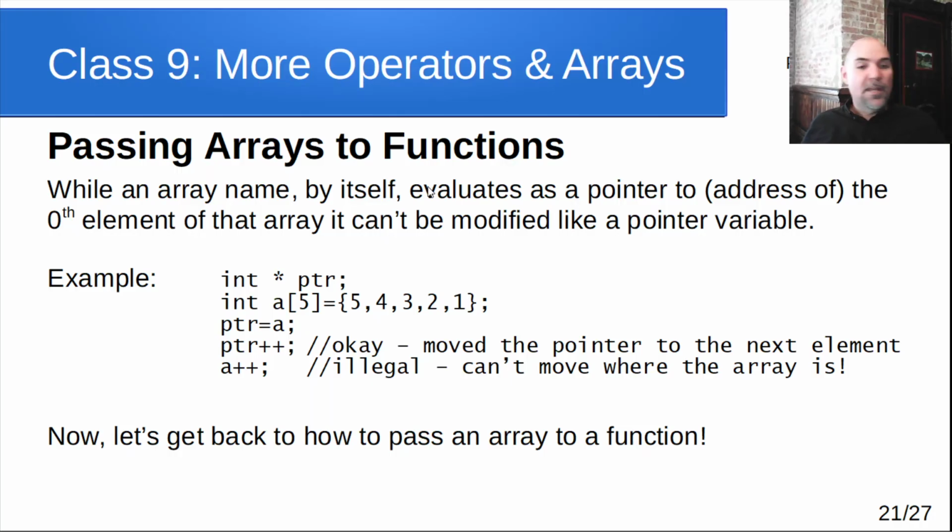Okay, so while an array name by itself evaluates as a pointer to or address of the 0th element of that array, it can't be modified like a pointer value. And this is important to note the difference. So they behave the same when they use the square bracket notation.